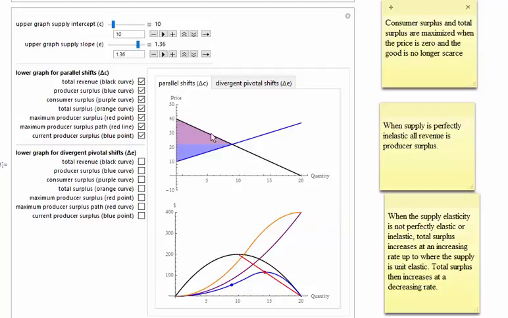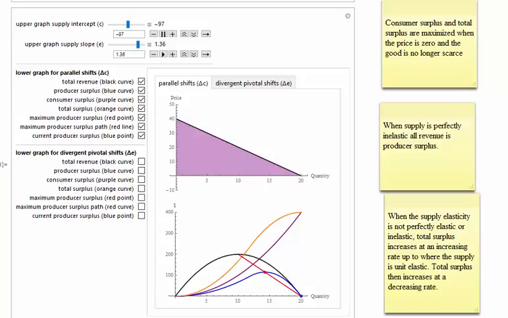In fact, notice these innovations that cause our supply intercept to fall, these parallel shifts. Let's slow it down. Notice it's causing prices to go closer and closer to the origin.